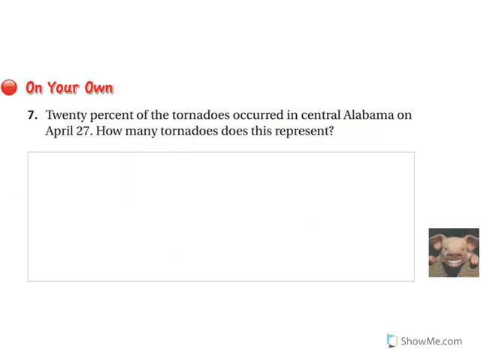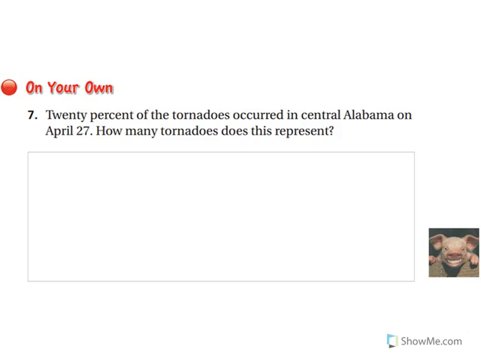All right, so for number 7 here, I'd like you to refer back to your chart. It says 20% of the tornadoes in central Alabama were on April 27th. How many tornadoes does this represent?